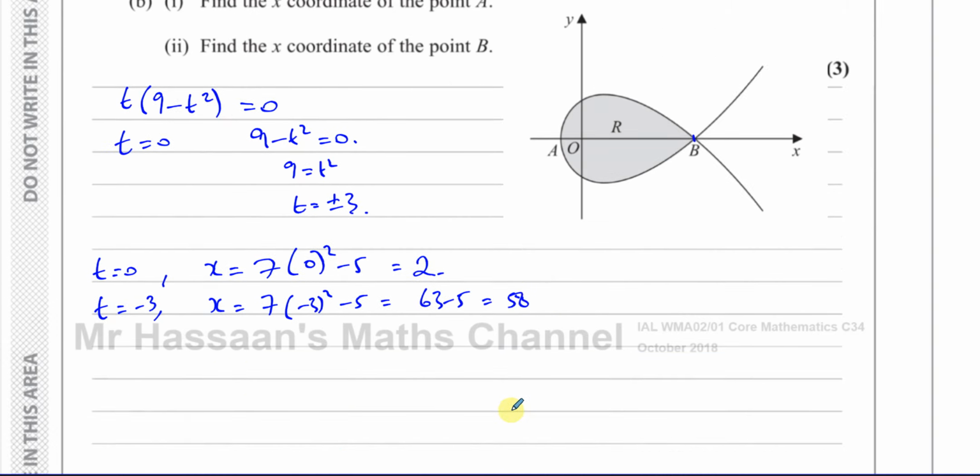And when t equals positive 3, we're going to have x equals 7 times 3 squared minus 5, which will give us exactly the same answer.